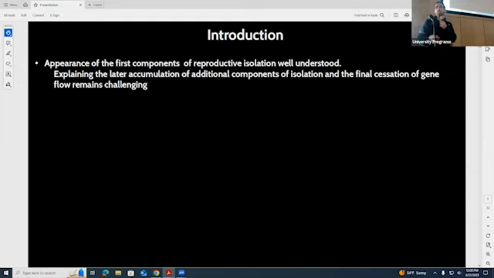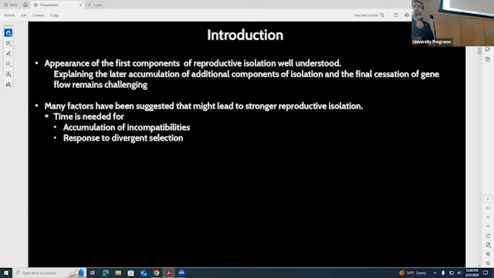So this is already a first component of reproductive isolation. But what is a bit more tricky to understand is how the other components of this isolation appear and go together, or come right after one another, until you get two fully isolated species.